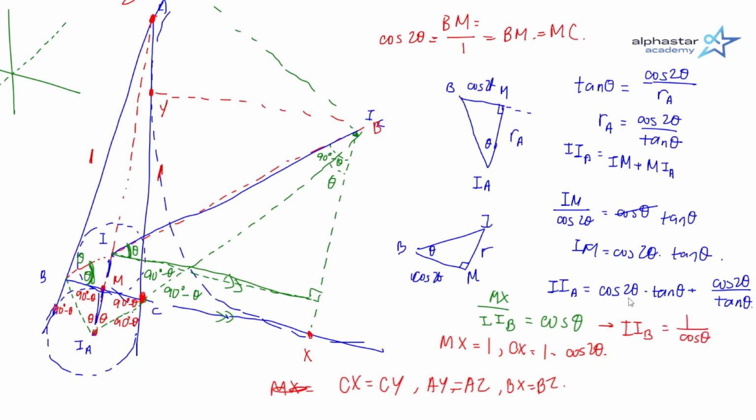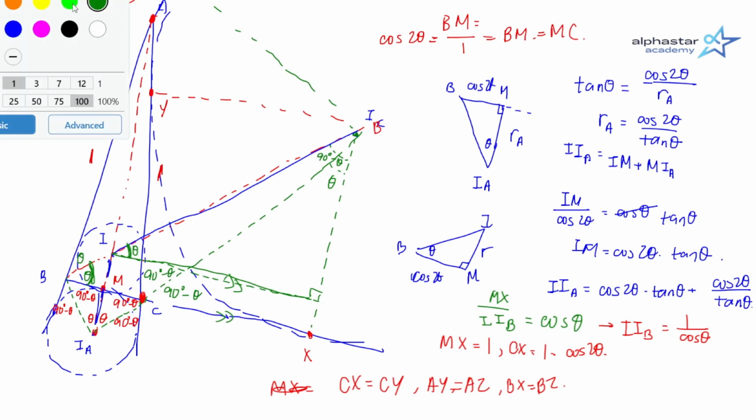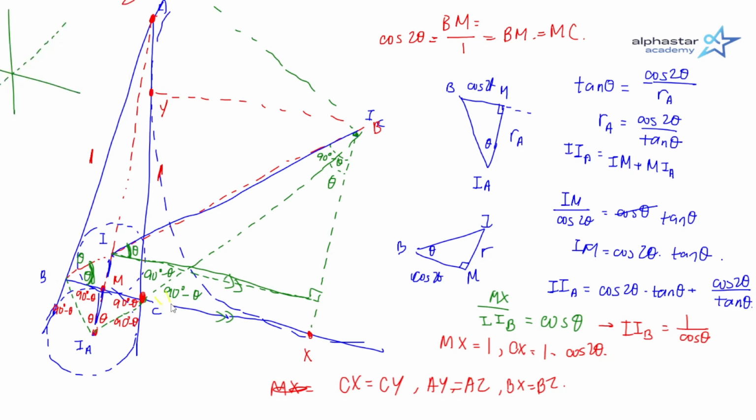And then finally, in order to find R sub B, we can use this triangle here, which I'll shade in a new color. Look at this triangle here. This has an angle of theta at I sub B and has a length CX equals 1 minus cosine 2 theta.